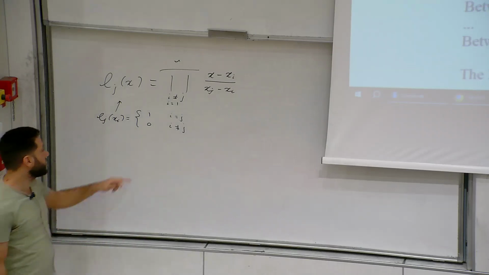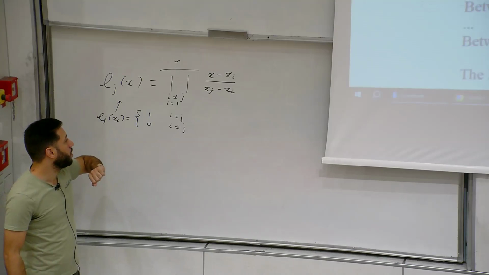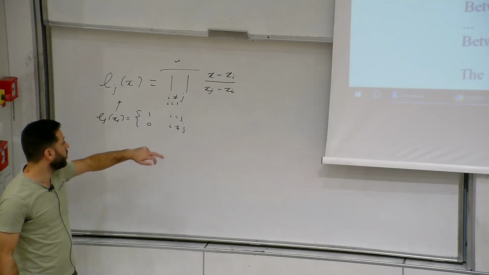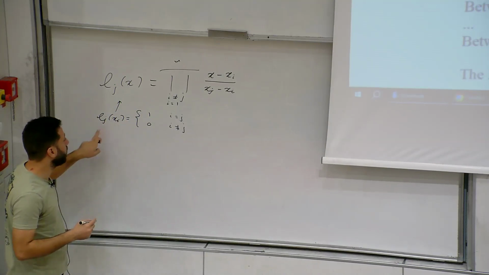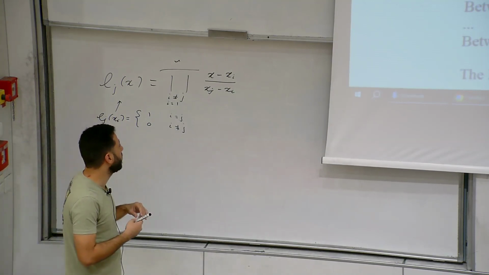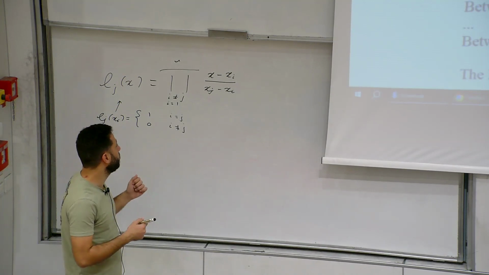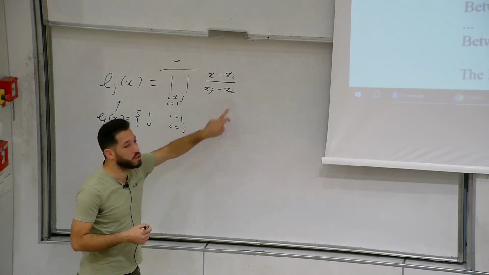And if x equals xj, we have for all of them the value of 1, xj minus xi over xj minus xi.